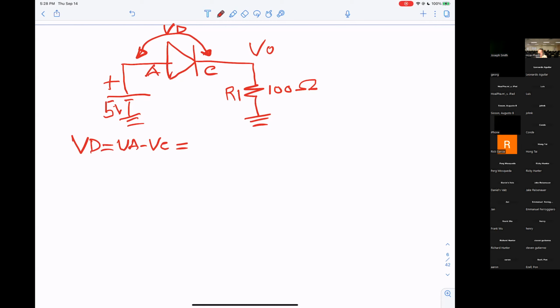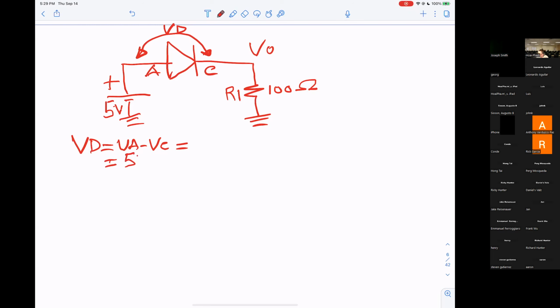So in this case, what does VD equal? 0.7 volts. VA equals what here? They will be 5 volt, right? You see that? VA at this point here, 5 volt.